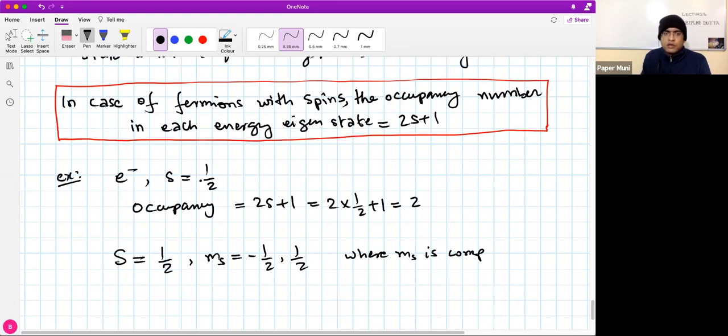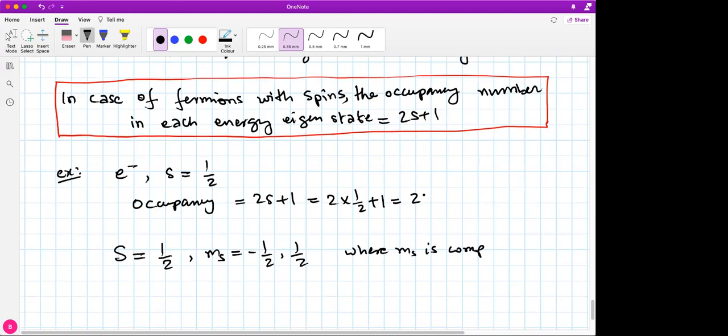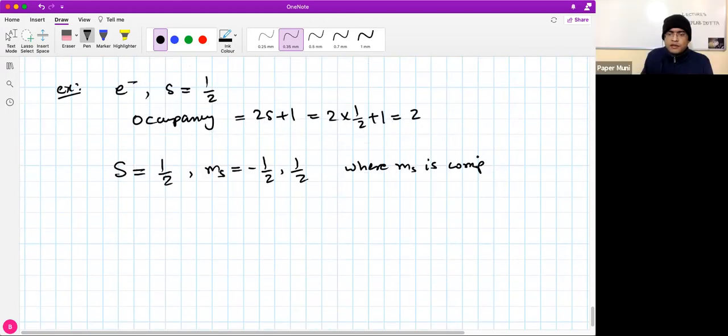If an energy state is given to you, how many electrons can you fill in that? For an electron, only 2 is possible in a given energy state. All right, thank you, sir. So ms is the component of spin.